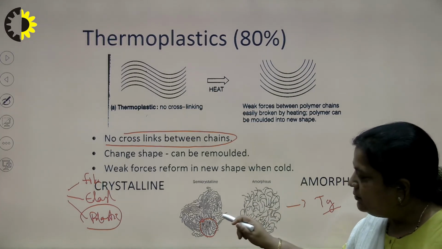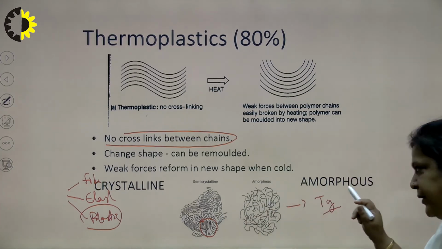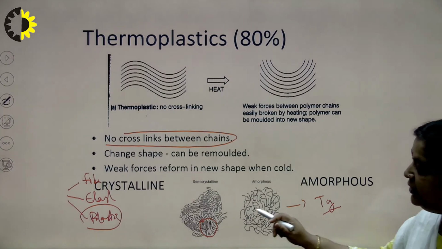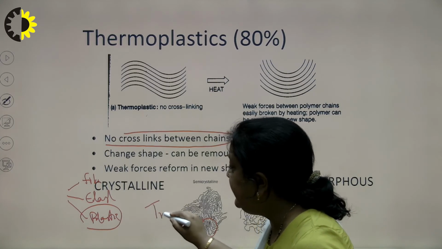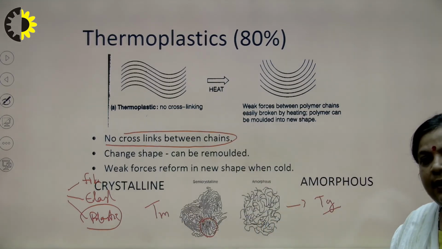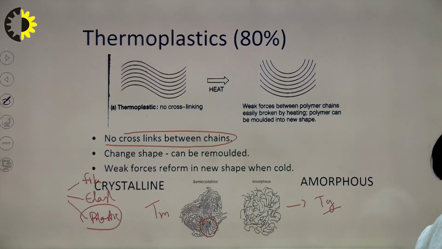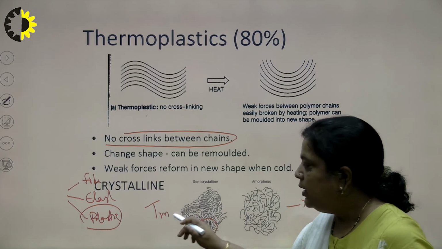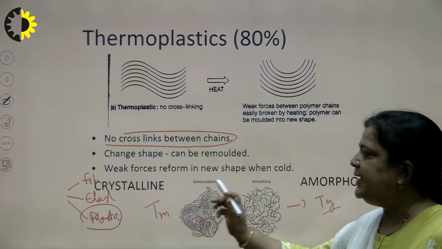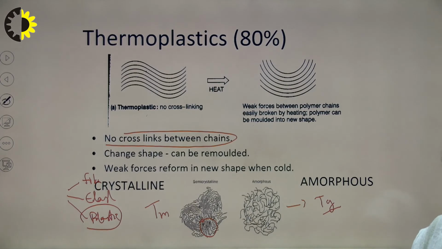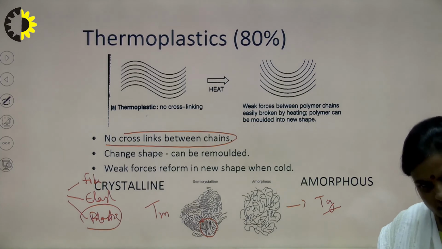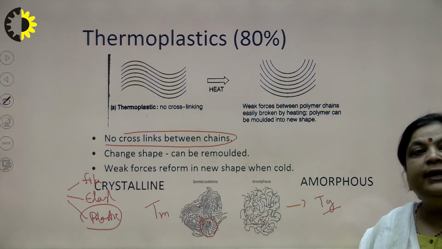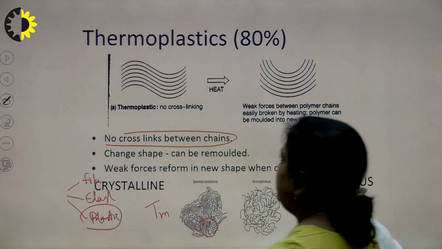If we take the amorphous area, the temperature is called TG, but if we take the crystalline area, it is called TM, the melting temperature, because crystalline regions do not have any range, so they melt directly. So in semi crystalline, both TG and TM can be defined. TG is the temperature at or above which the polymer becomes soft, and TM is the melting temperature.